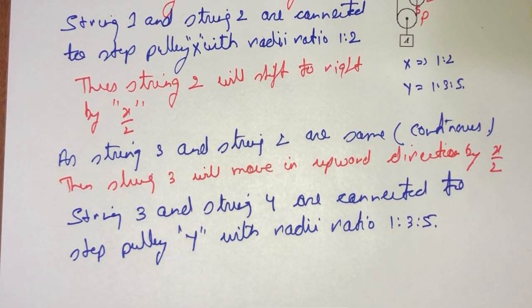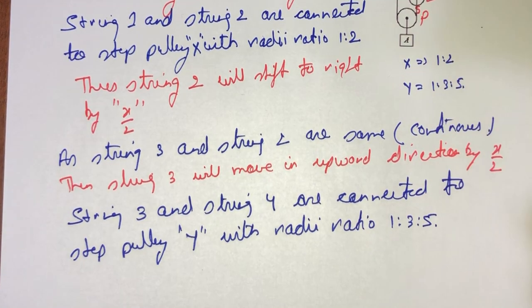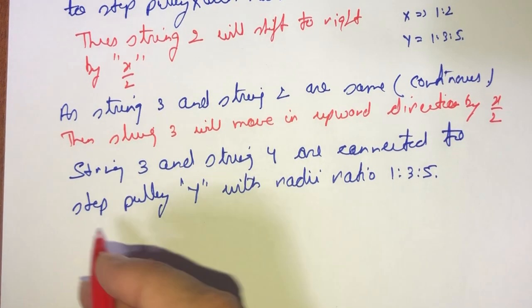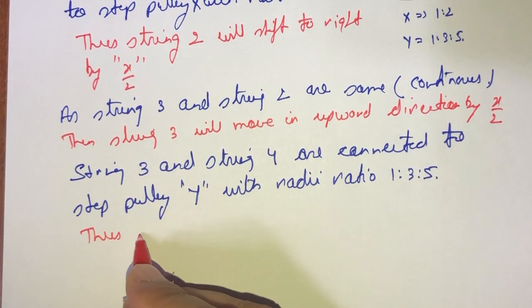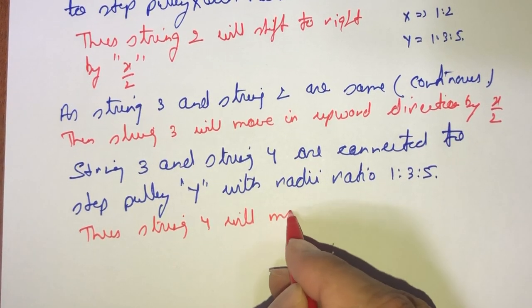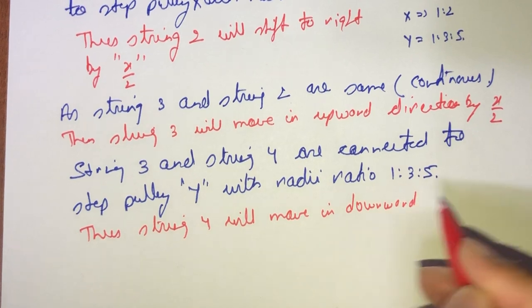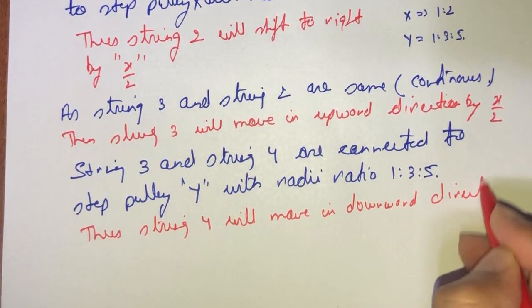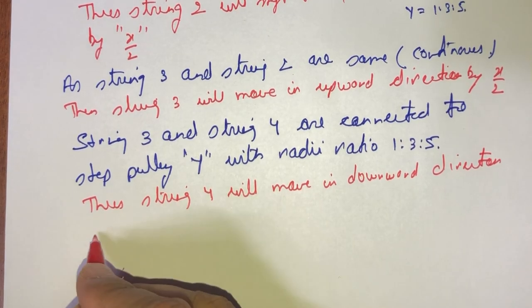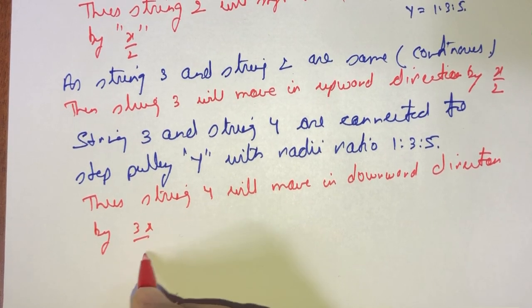Thus we can say that string 4 will move in downward direction by a distance of 3x/2.